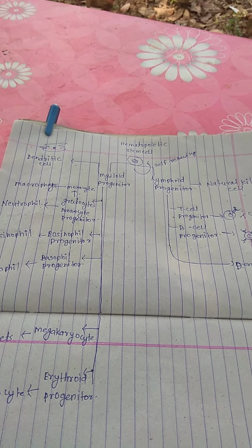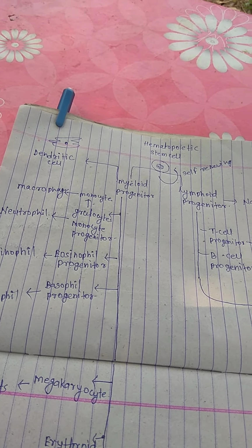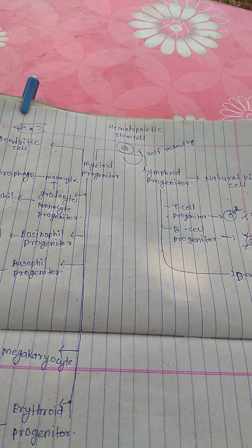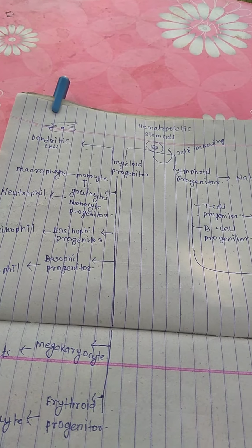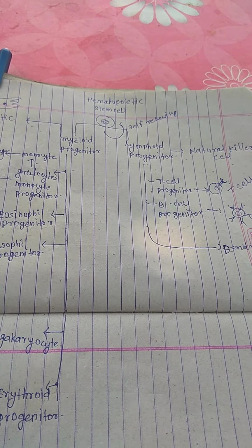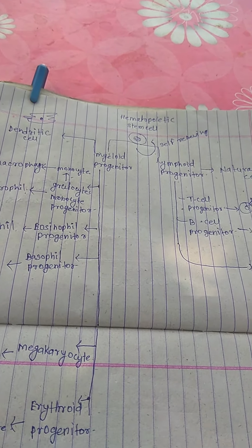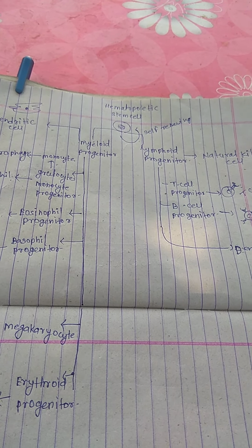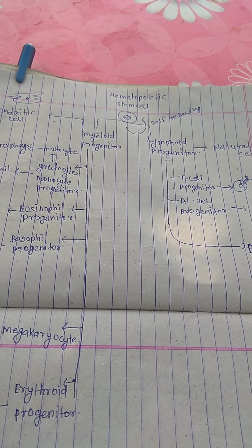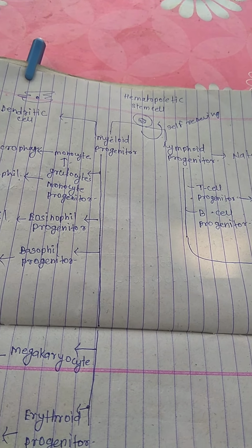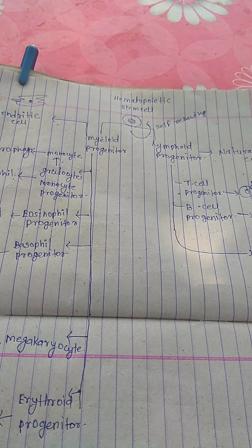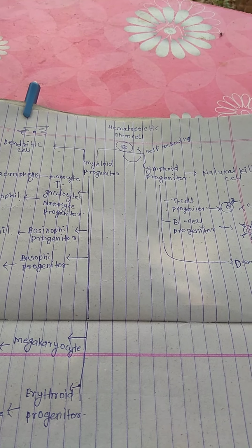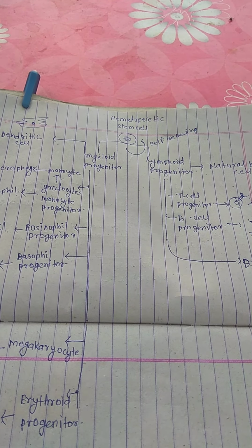After that, during fetal development, the hematopoietic stem cells migrate into the liver, and after that into the spleen. After parturition, or after birth, the hematopoietic stem cells migrate into the bone marrow, and hematopoiesis occurs in bone marrow, especially in the pelvis and sternum.